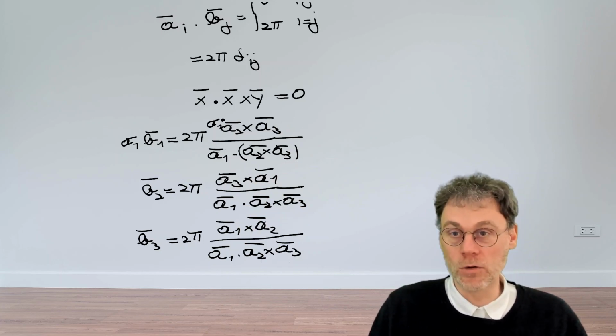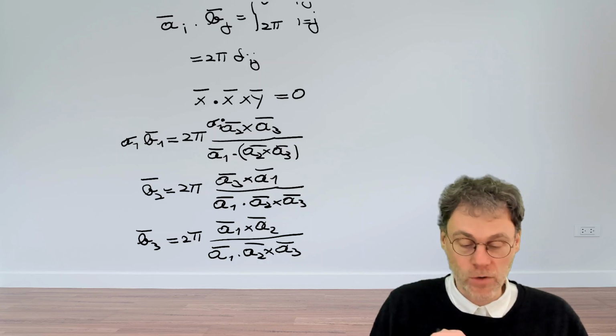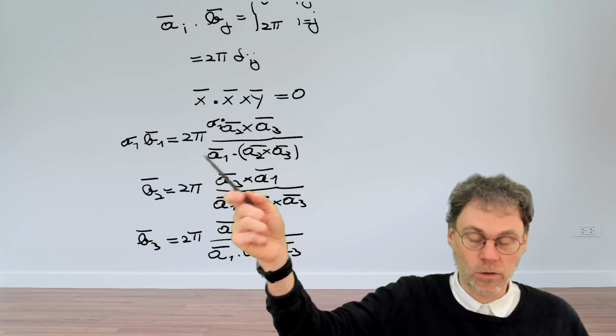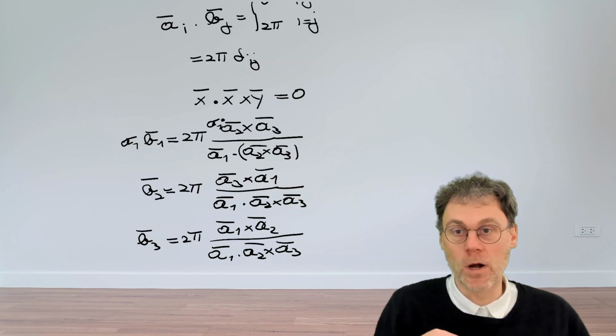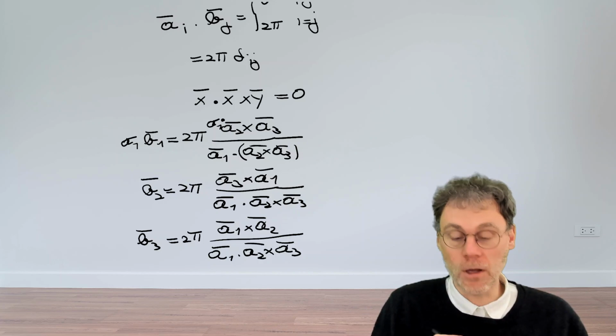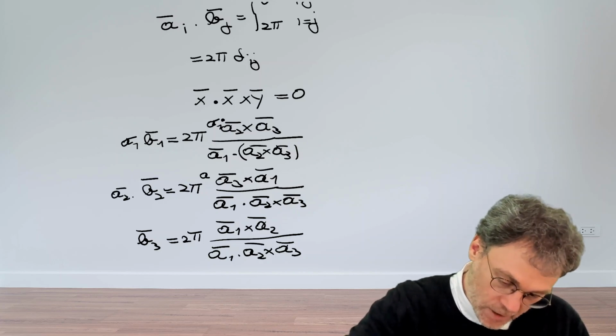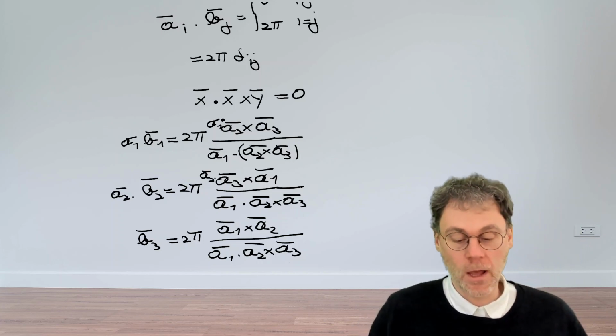So that's good news. The same story we can play for B2 and B3. Again, B2 is orthogonal to A3 and A1. And if you take the scalar product with A2, then we have A2 over there.